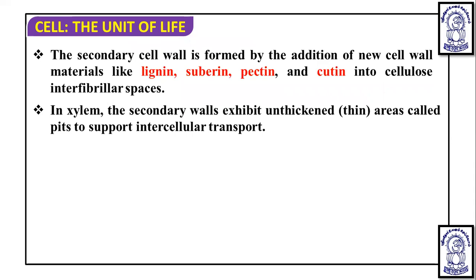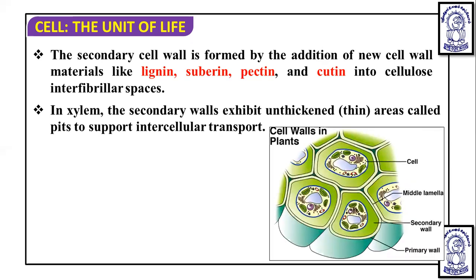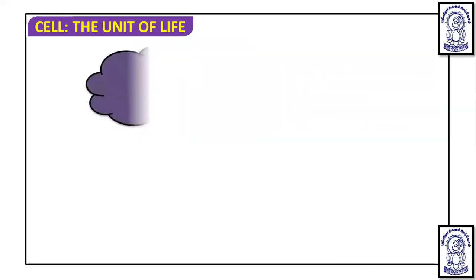So in xylem, some unthickened areas of the secondary cell wall are known as pits, and pits support intercellular transport. Why? Because pits have plasmodesmata, which are cytoplasmic connections between two adjacent cells.